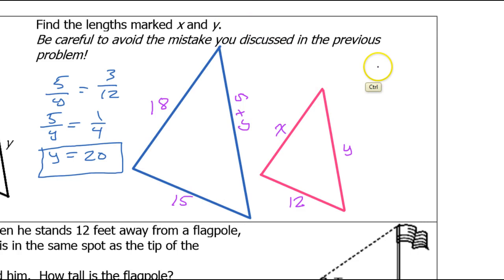Now I am finding x. So I see the x right there, so I will do x over 18 is equal to, and then I'll use the 12 and the 15. So 12 over 15.